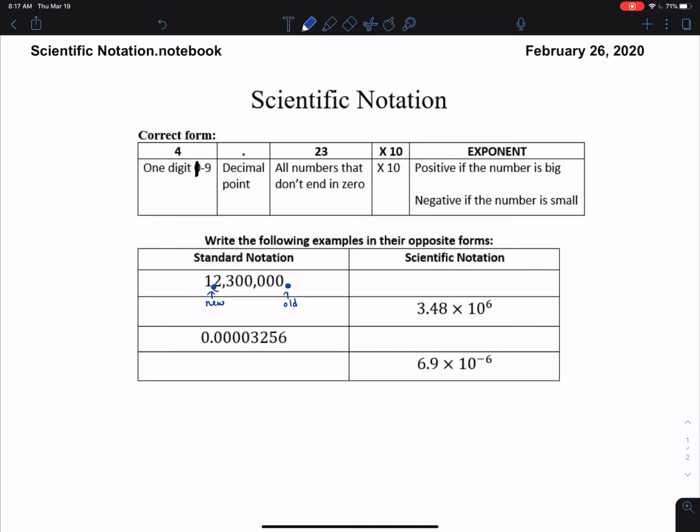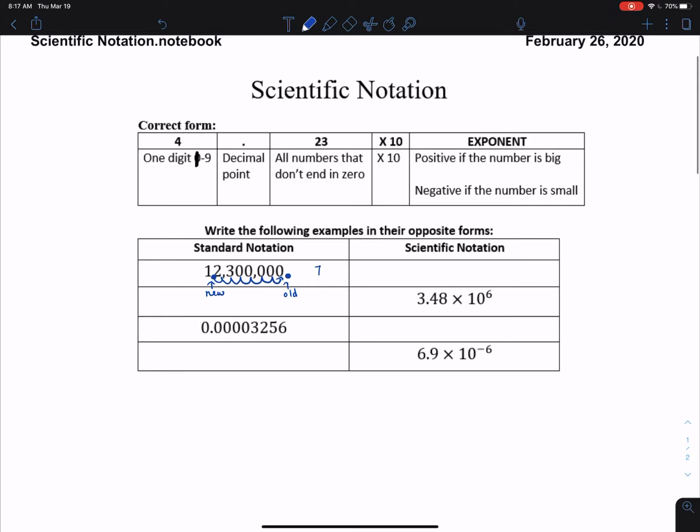Let's start over. 1, 2, 3, 4, 5, 6, 7 spaces to the right. So if I'm writing my answer in scientific notation, I'll have 1 followed by the decimal point, 2, 3.